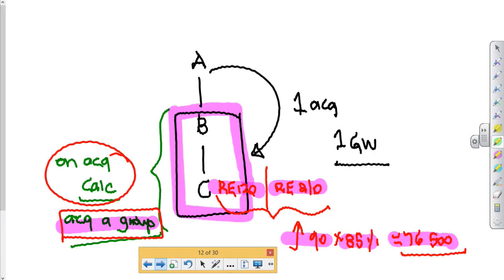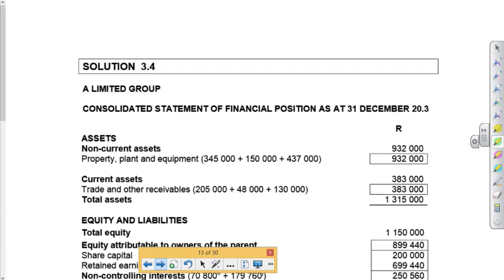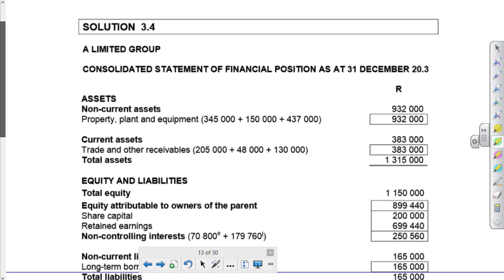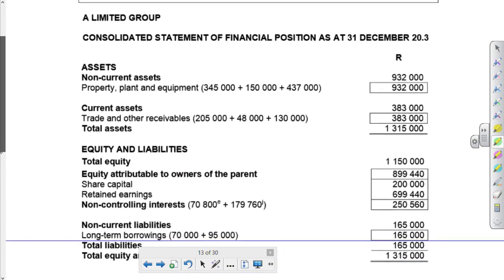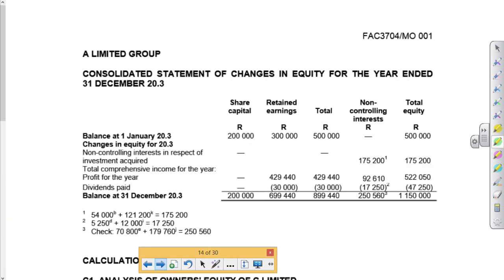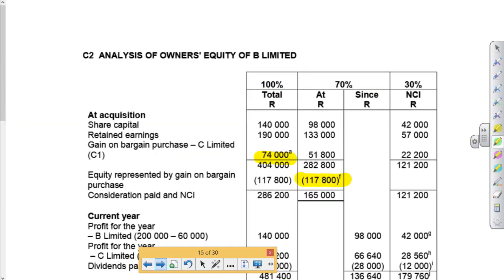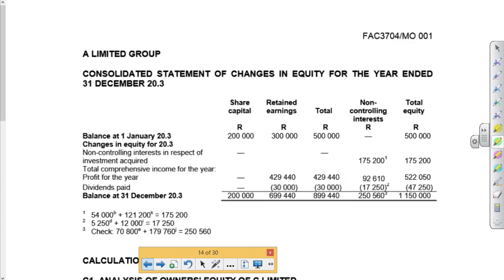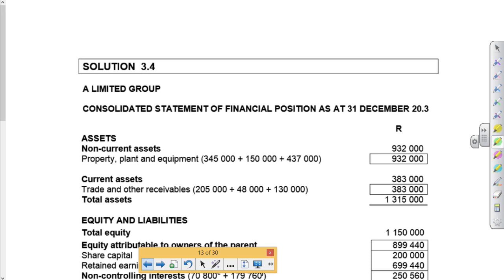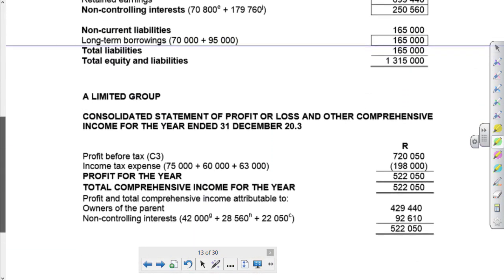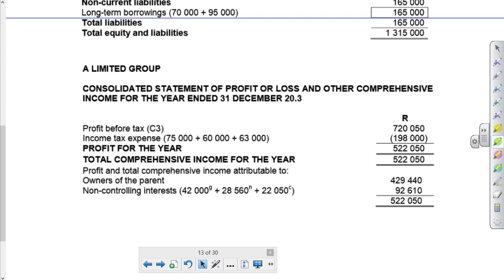If I look at the solution, what you will see is no goodwill. I don't expect to see any goodwill. But in the statement of P&L, which is where, there isn't a P&L. Is there no P&L? Let me look again. Maybe it's further down here. Here we go. It's not in P&L.